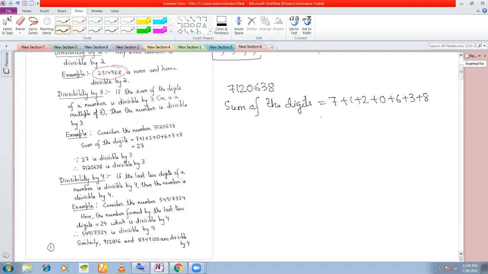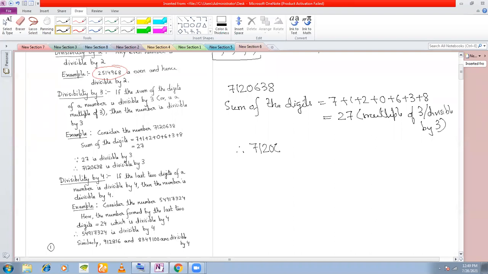And I find that the sum of the digits here is 27, which is a multiple of 3, which is divisible by 3. So if this is divisible by 3, therefore we say that the number is divisible by 3. Understood? You have done all these in your earlier classes, I'm sure.